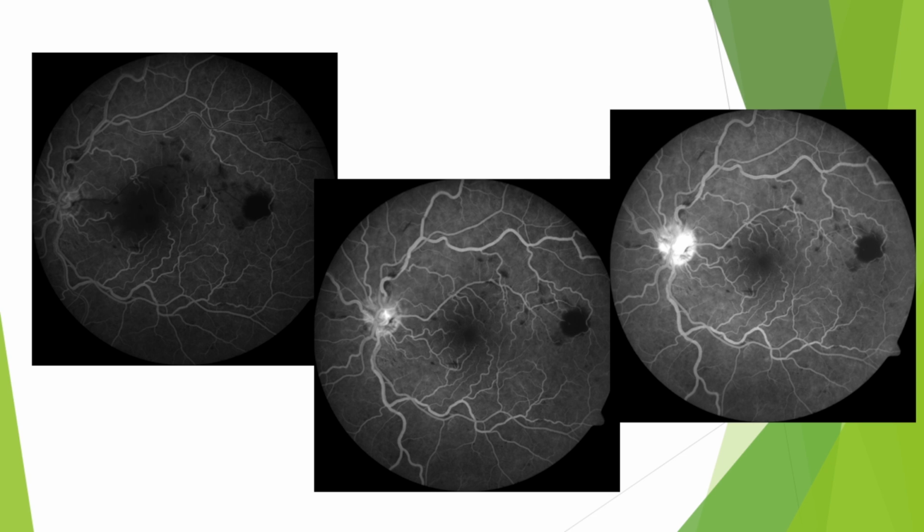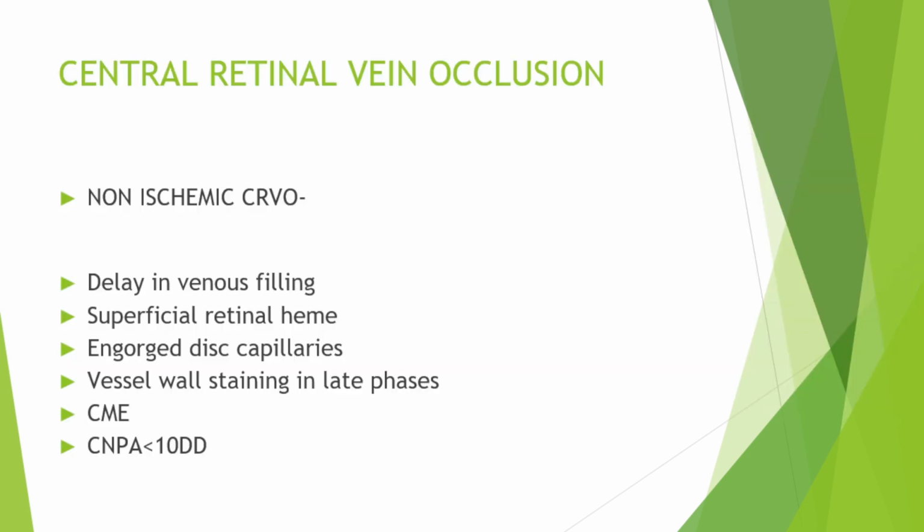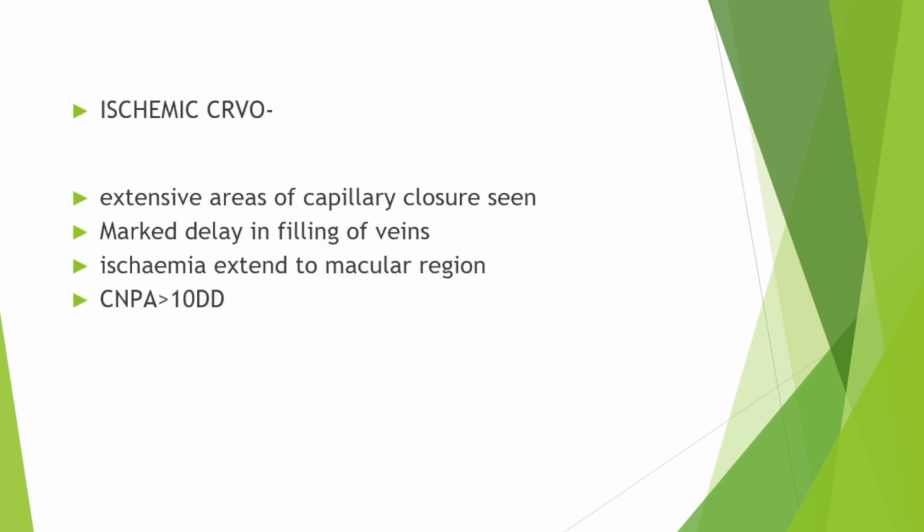Coming to central retinal vein occlusion, it can be non-ischemic CRVO or ischemic CRVO. It is called non-ischemic CRVO when there is a delay in the venous filling, engorged disc capillaries, superficial retinal heme, vessel wall staining in the late phases, cystoid macular edema, and when the capillary non-perfusion area is less than 10 disc diameters.